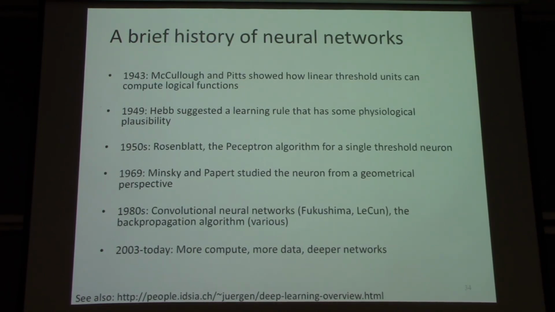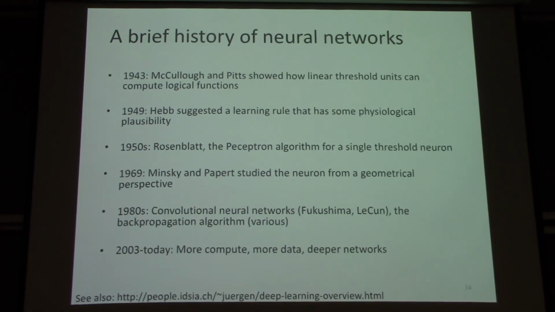In 1949, Hebb suggested a learning rule called Hebbian learning, which has some biological interpretations. In the 1950s, Rosenblatt introduced the perceptron, which was a single layer neural network with a threshold activation, and also showed how to learn it. In 1969, Minsky and Papert kind of threw cold water on this whole agenda, saying that the perceptron can't represent some functions, but you can think about it from the geometric point of view.